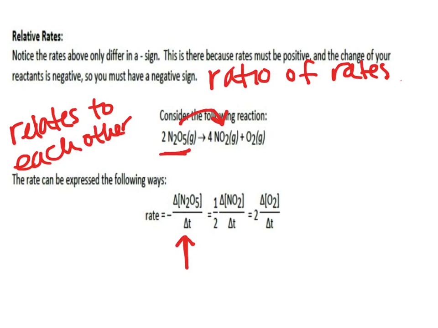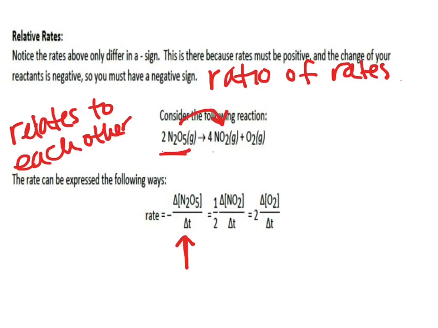If this is 2 and this is 4, what would I need to do to get them to be equal? What would I have to do to NO2's rate to make it the same as N2O5? We would have to halve it. Yes.